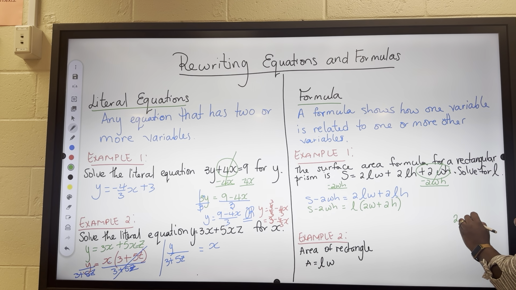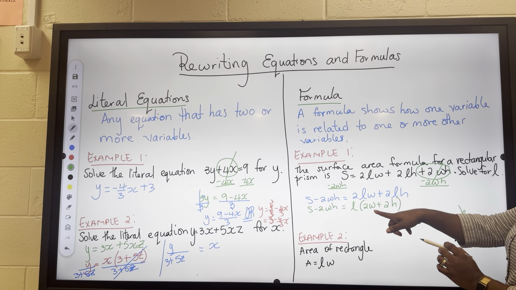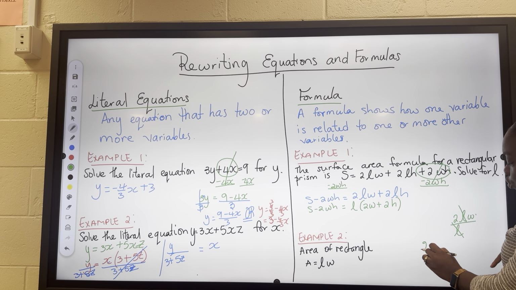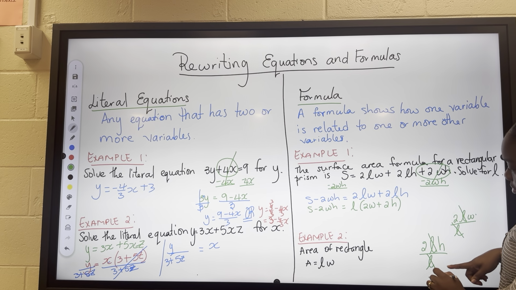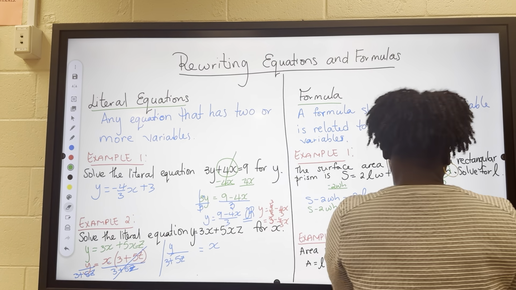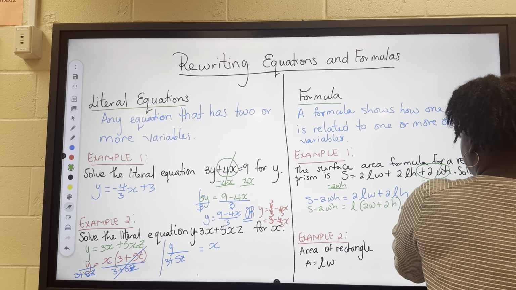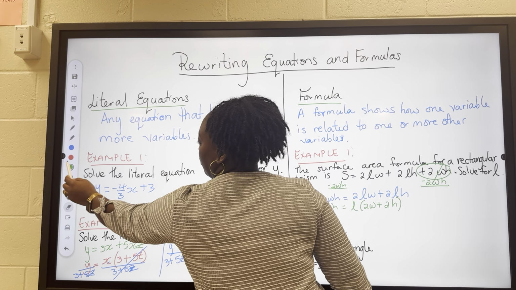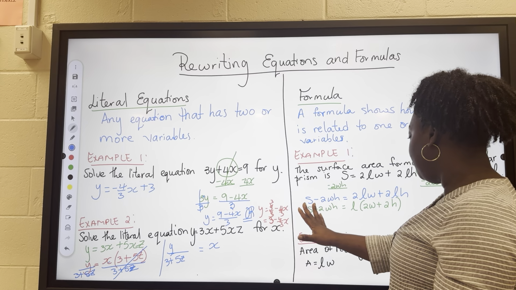So that's 2LW divided through by L, that's going to cancel out. I'm left with 2W. And the same thing applies for 2LH. Factor out my L, I'm going to be left with 2H. All right? So that's where that came from. Just in case anyone was wondering. So let's wrap this up.